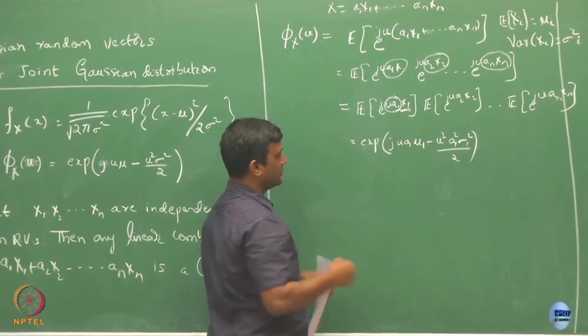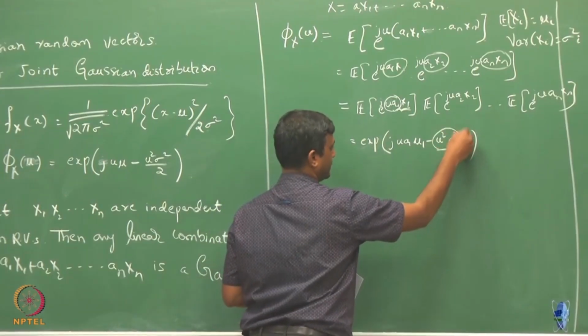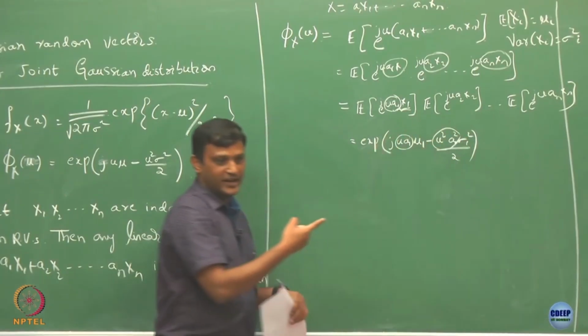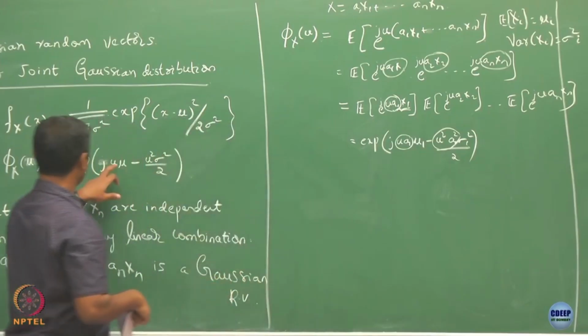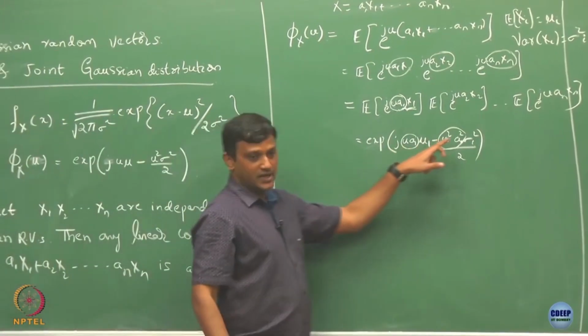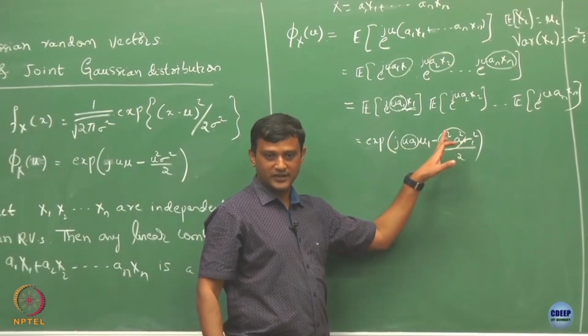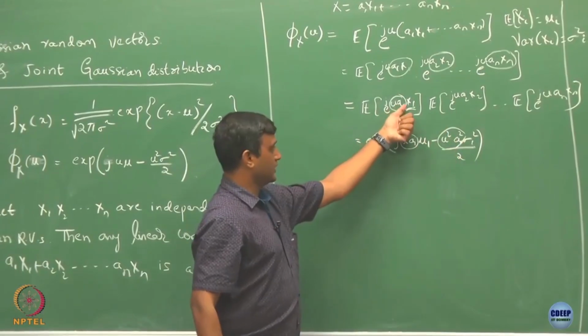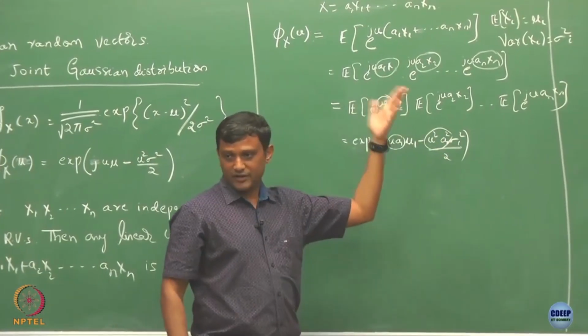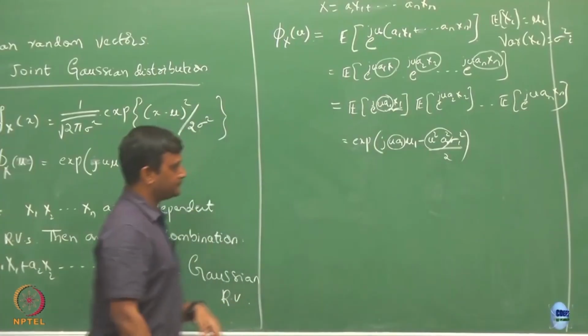In that case you replace u by u a1 and u square by u square a square. Or you can also think of a1 x1 as another random variable with new mean and variance.